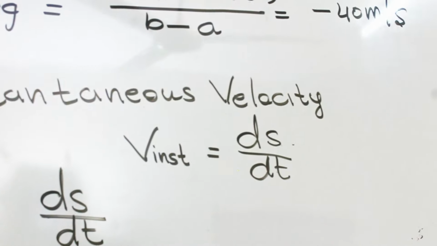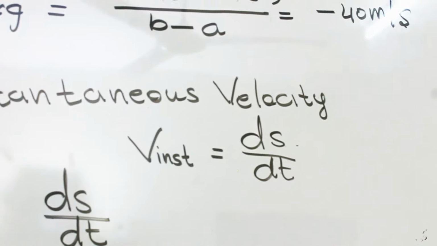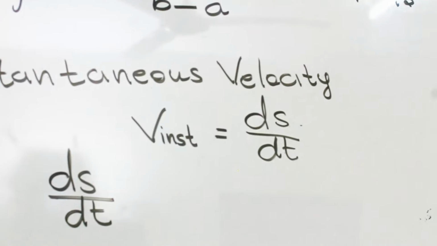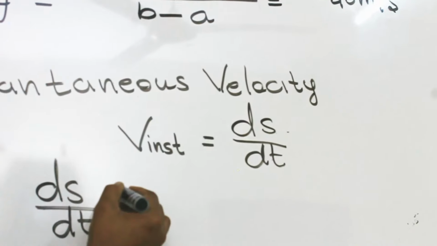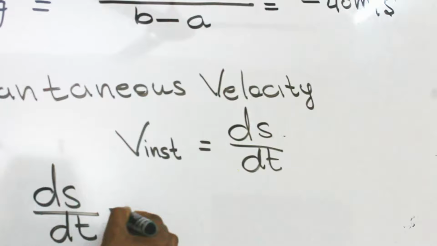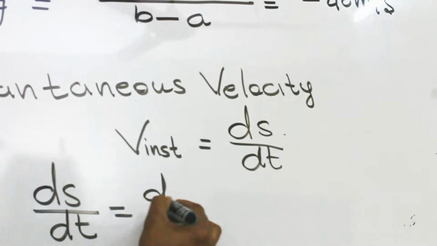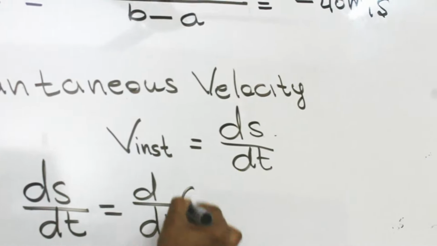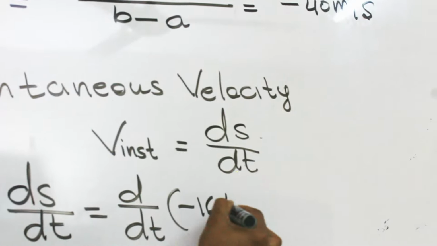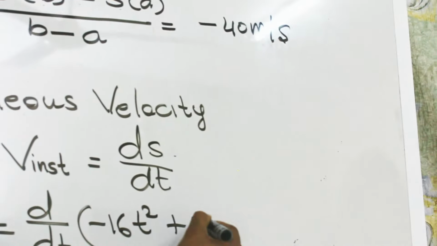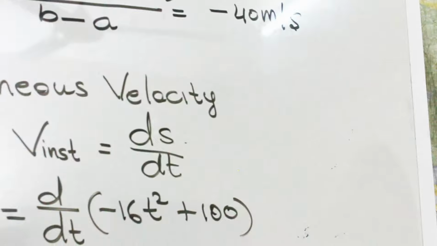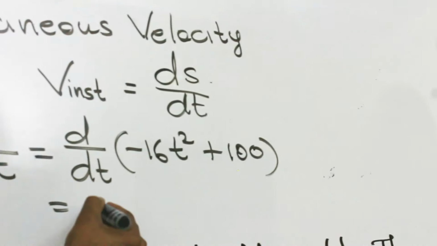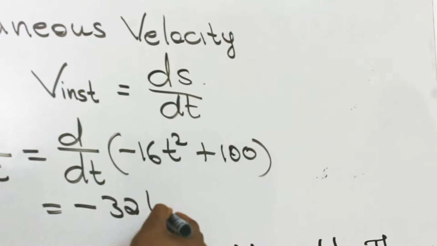You know that the first derivative is the velocity and the second derivative is the acceleration. So ds by dt is d by dt of minus 16 t squared plus 100, which is given by minus 32 t.